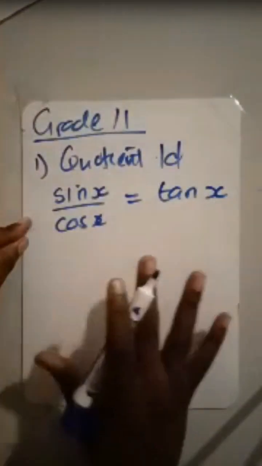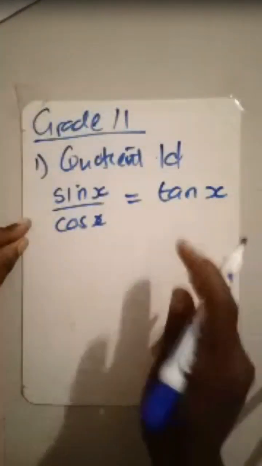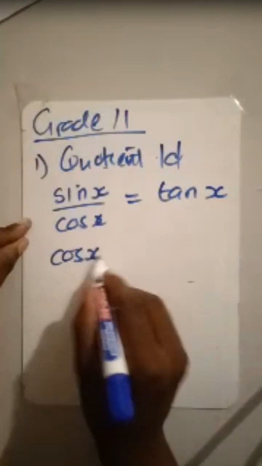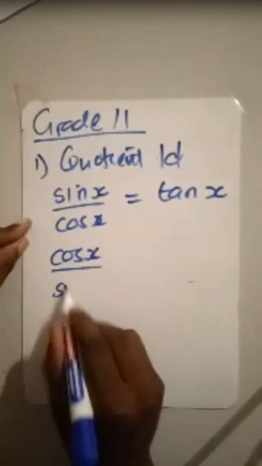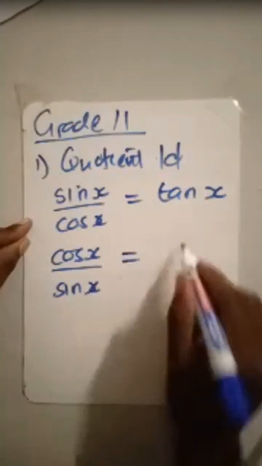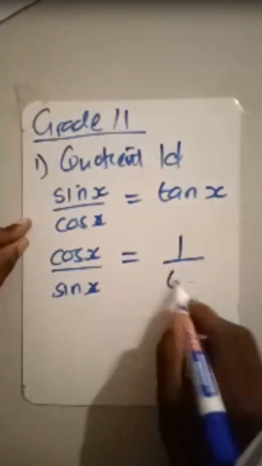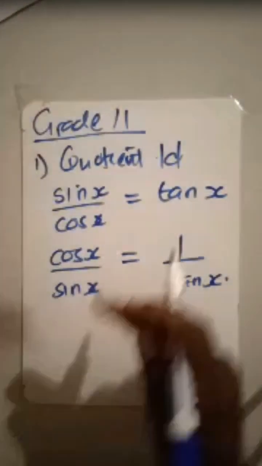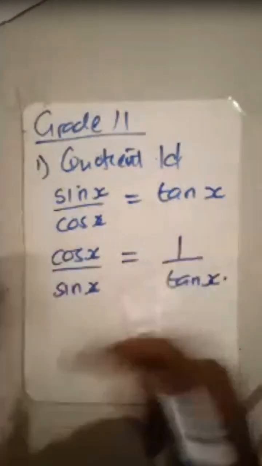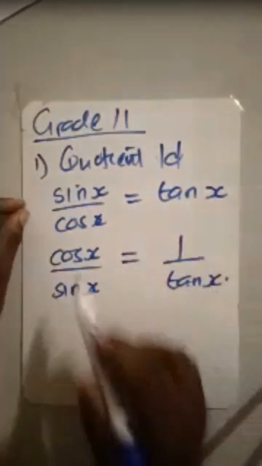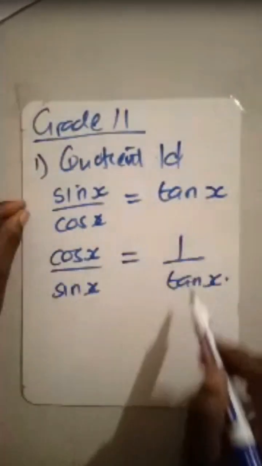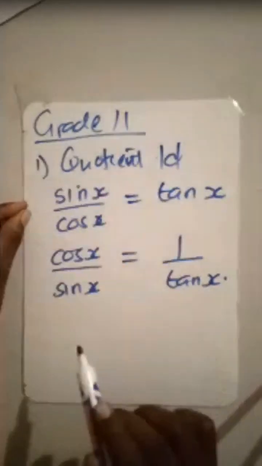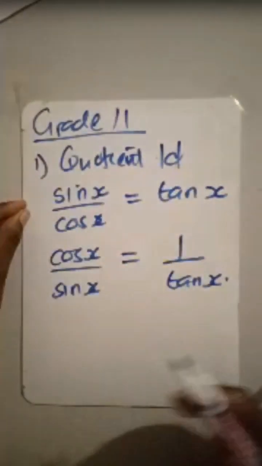I think this one we know. And the inverse of this one says cos x over sine x is equal to 1 over tan x. So it's like we have turned it upside down. That is the inverse of that. This one is called the quotient identity.